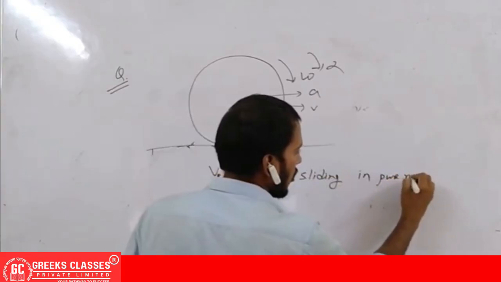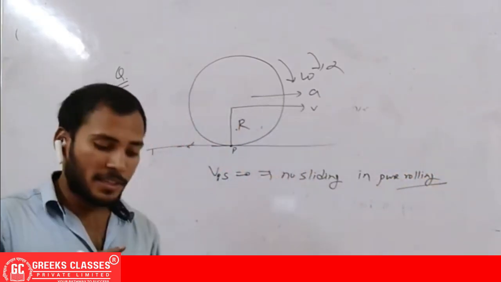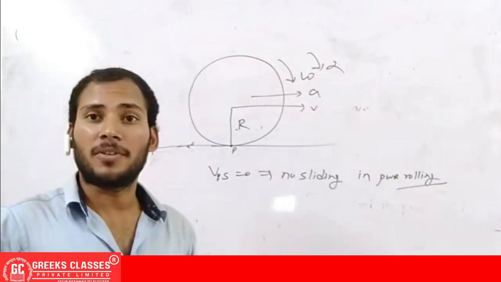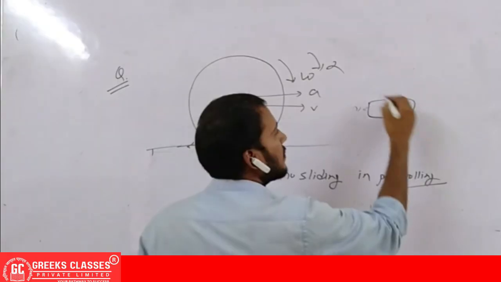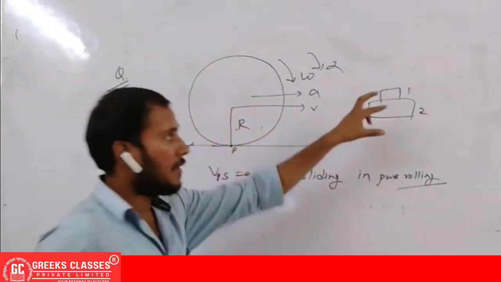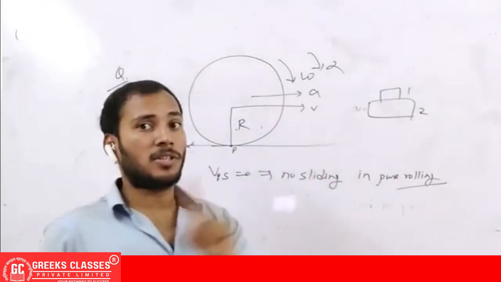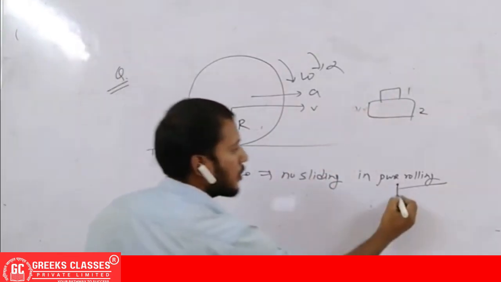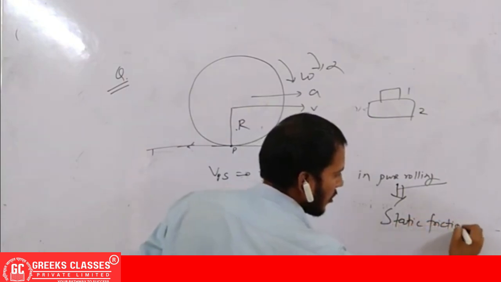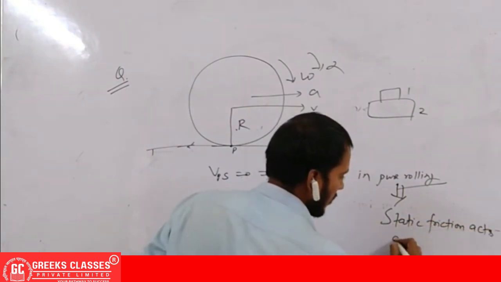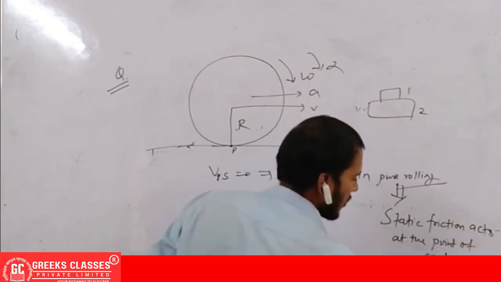No sliding in pure rolling. And we know when there is no sliding, there is no kinetic friction. Only static friction can act. If this is block 1 and this is block 2, if they have same velocity and there is no relative motion, there will be a static friction, not the kinetic friction. So in pure rolling, static friction acts at the point of contact.